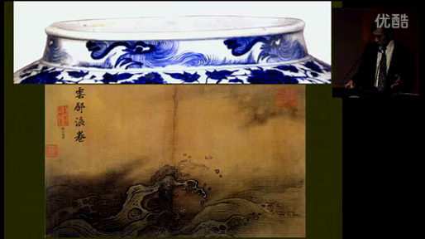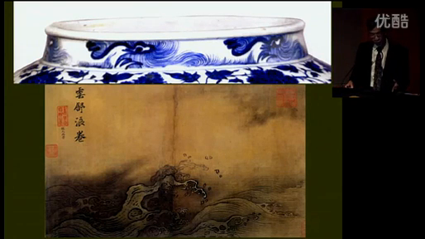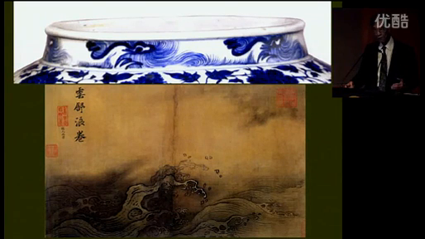One of the great types of Chinese painting has more or less disappeared, but during the Song period, from the 11th to 12th centuries, water painting was a major genre in Chinese painting.